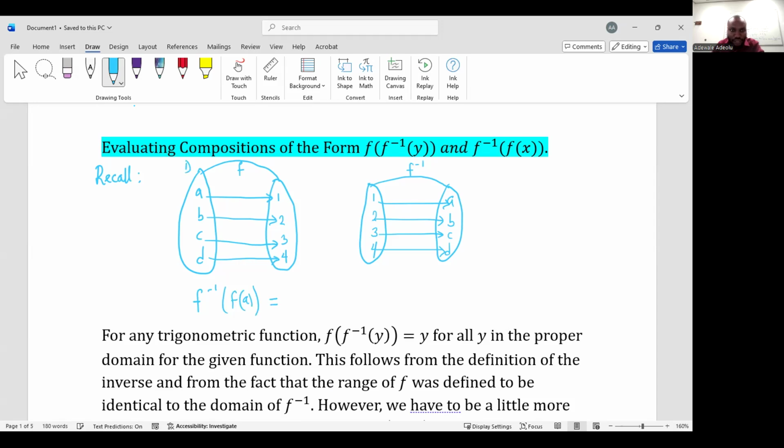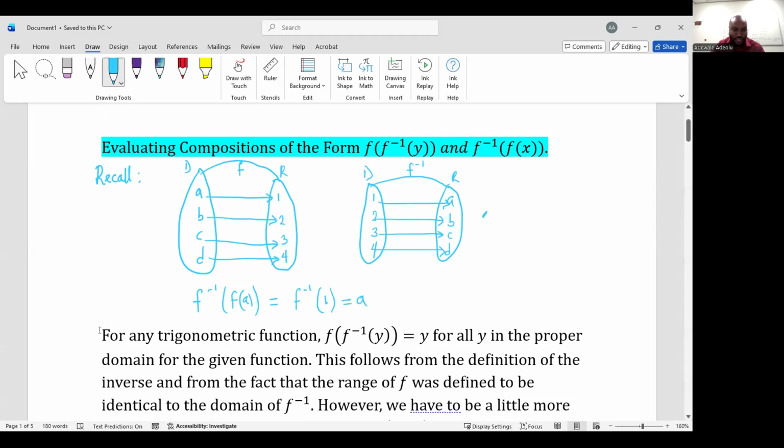This is the domain, and this is the range. In the domain of f, I'm picking A. So f of A is 1. Now, f inverse of 1, if I come to this place, f inverse of 1 is A.